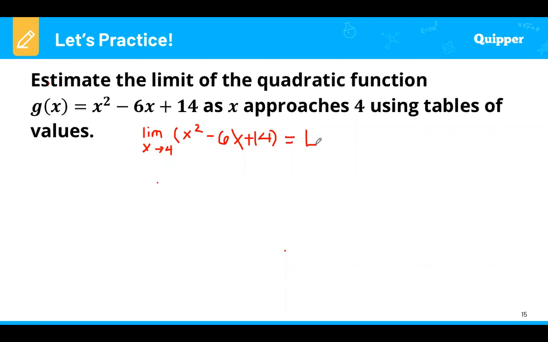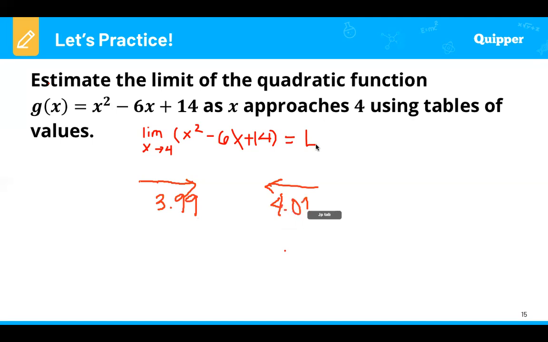So what is the limit there? We can say that the numbers approaching 4 from the left, we can say 3.99, and from the right, we can say 4.01.